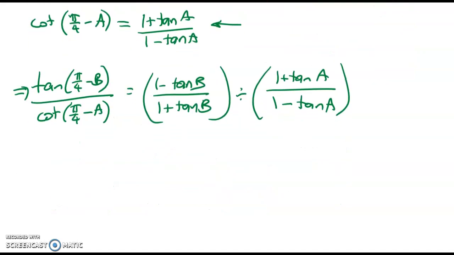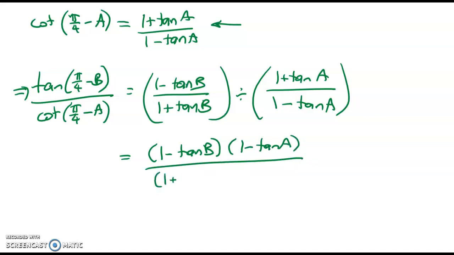So I'm not seeing any sines and cosines yet, but we're not too far off. So here we've got 1 minus tan b times 1 minus tan a, timesing by the reciprocal, 1 plus tan b times 1 plus tan a.